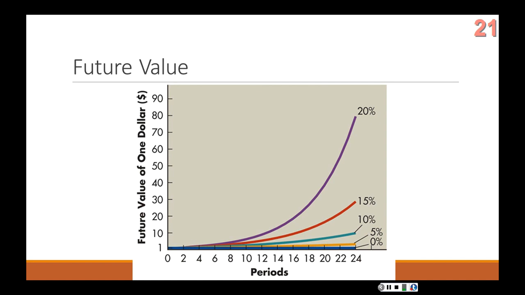So here's a picture of compounding. If we deposit $1 today and we leave it in the bank at varying interest rates, this is how much we'll have. You see that this is the idea of compounding. As the periods increase, the money starts to grow at a faster and faster rate.